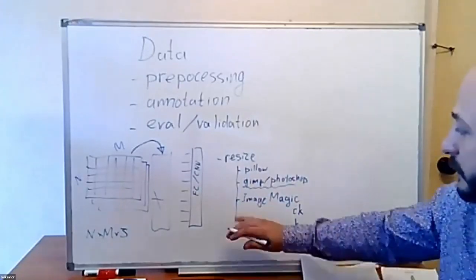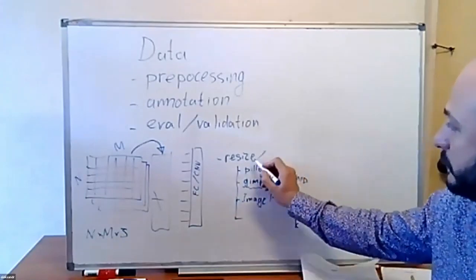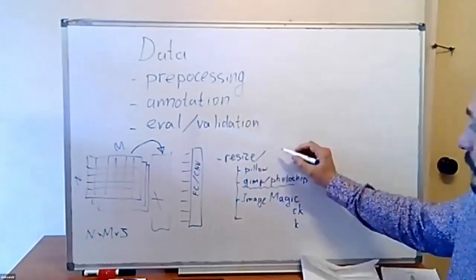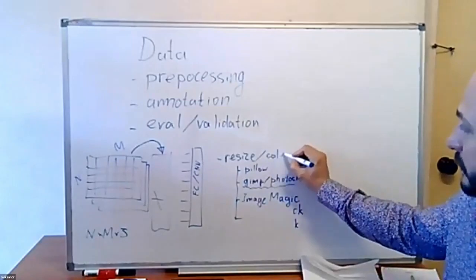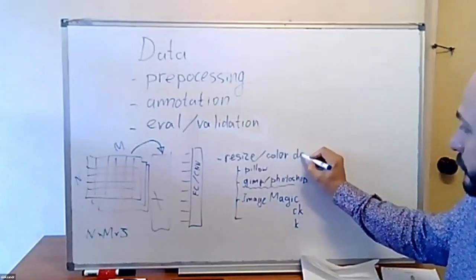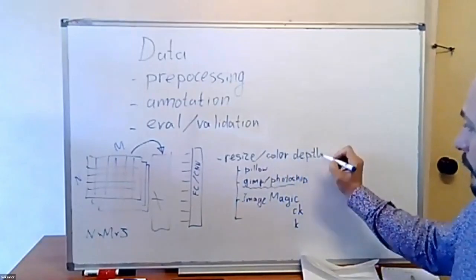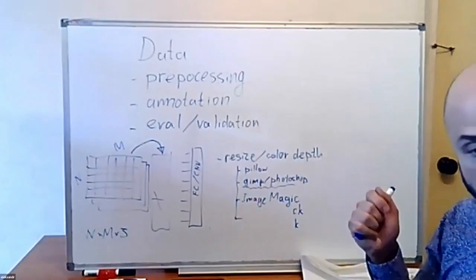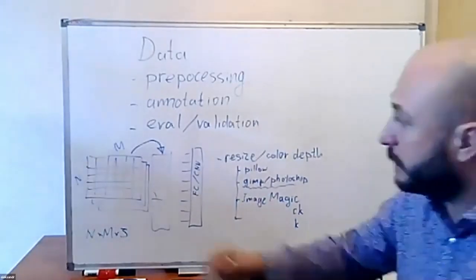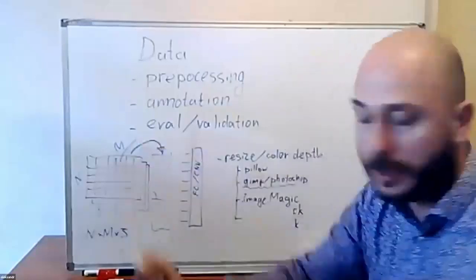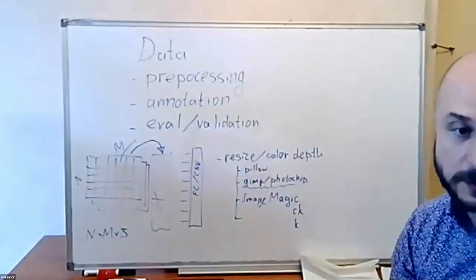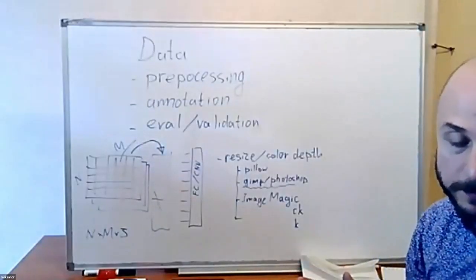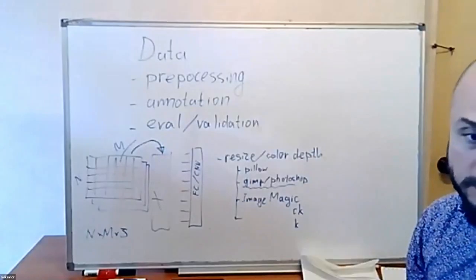Also, maybe not resize only, but maybe we need to normalize, like color depth. For example, if we have not 1 byte encoding for 1 pixel, it could be 1 byte encoding for 1 pixel for one channel.